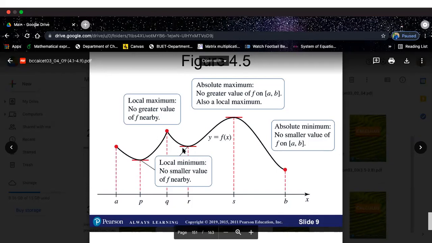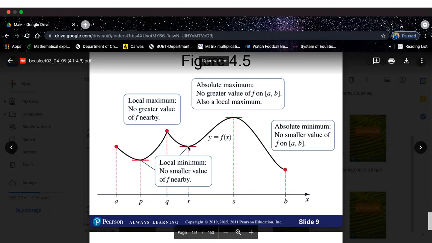Or if you consider an even smaller interval, pretty close to Q, then even this point at R could be a minimum value for this function, for a really small interval, right? But if you consider the entire function, you could see this is not really the most minimum point.